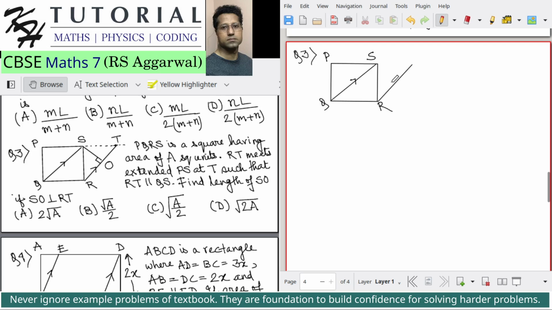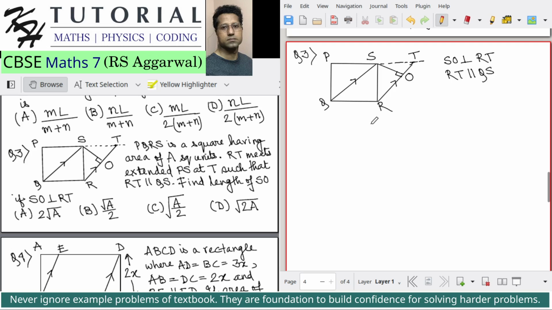So RT, the line parallel to QS which is drawn from R, meets the extended side PS at T. Okay, so this is T. And SO is perpendicular to RT. So we have SO perpendicular to RT, and we have RT parallel to QS.